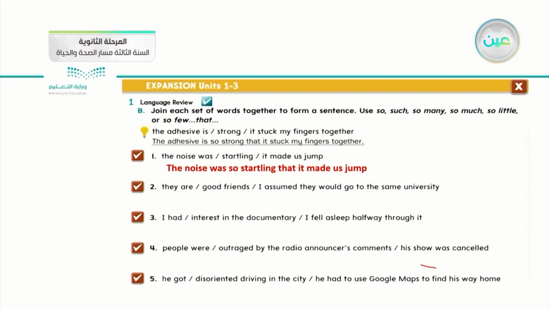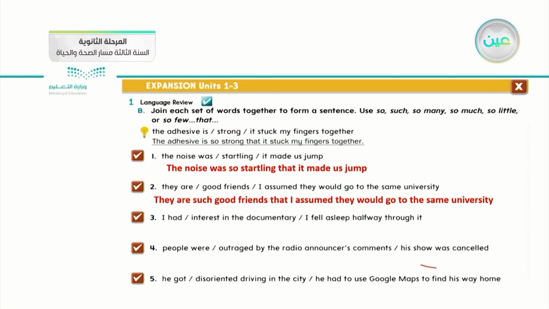Let me move to the second one. They are good friends. I assumed they would go to the same university. Where do you think the cause and the effect are in this sentence? When I say they are good friends, I think it's the cause. And I assumed they would go to the same university is the effect of it. How can I apply this expression?